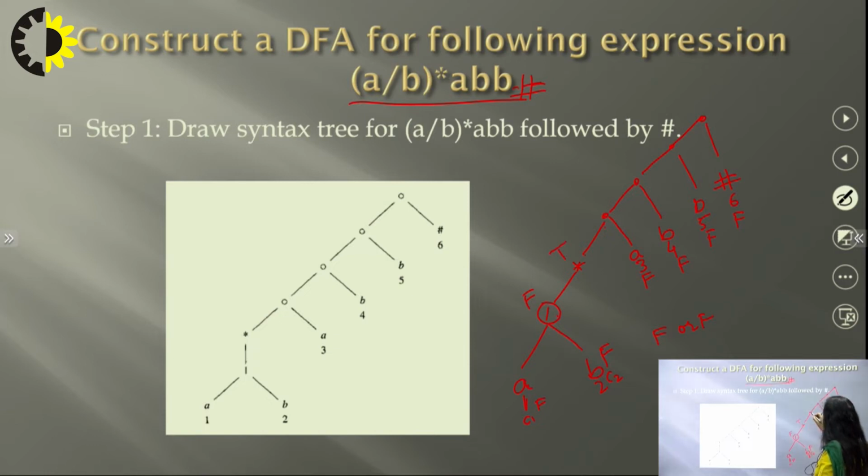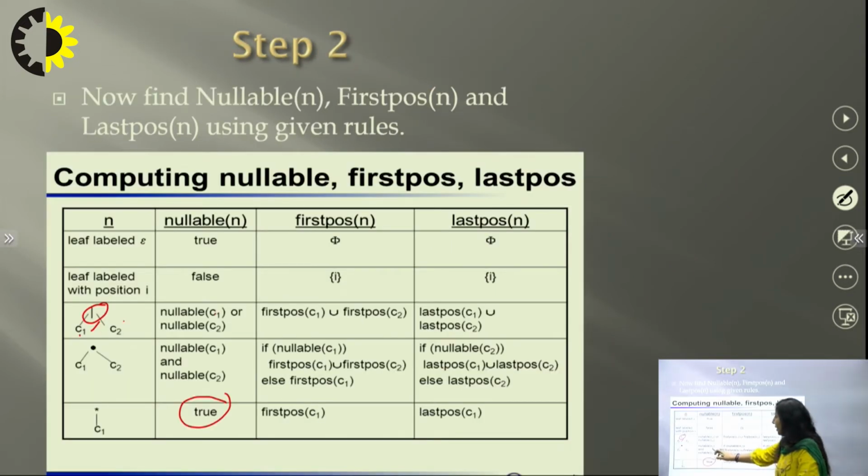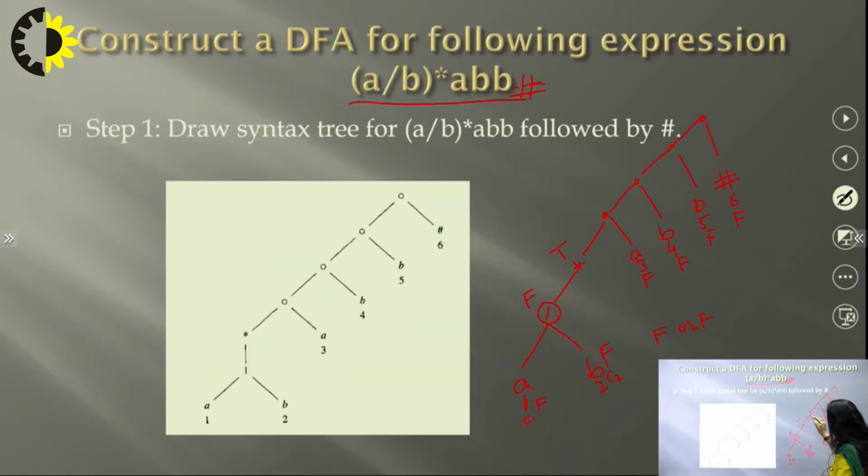While we are calculating the nullable of the concatenate symbol, we have to follow this rule: nullable of c1 and nullable of c2. For this concatenate symbol, c1 is star and c2 is a. So here c1 is true and c2 is false.